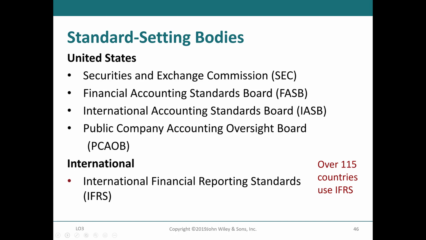The primary accounting standard body in the U.S. is the Financial Accounting Standards Board. We also have the International Accounting Standards Board. This sets standards called International Financial Reporting Standards, that's IFRS, for many countries outside of the United States.